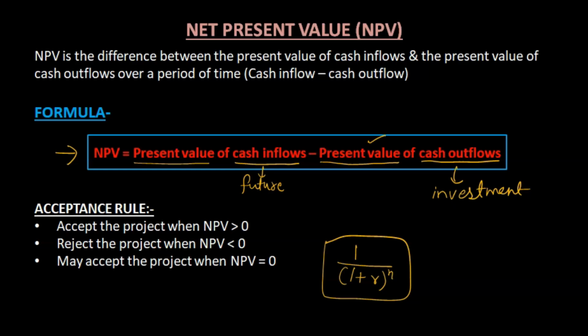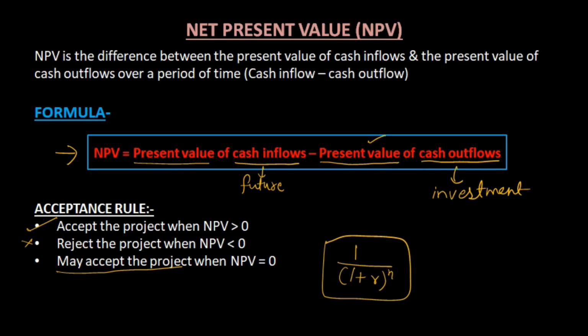So net present value is just the difference between the present value of cash inflow and outflow. If NPV is greater than 0, we accept the project. If NPV is less than 0, we reject the project. If it is equal to 0, we may or may not accept the project, it depends.